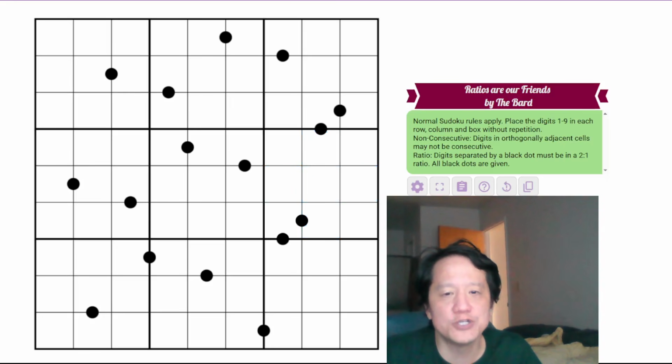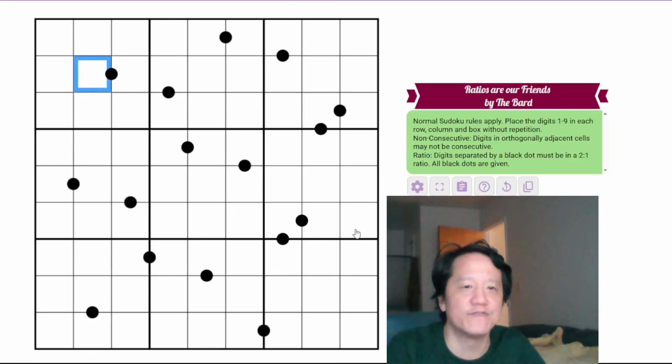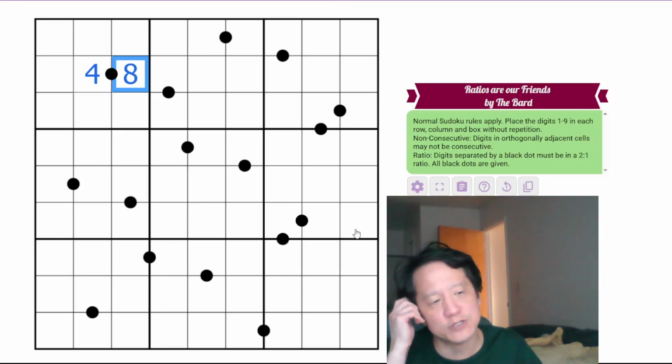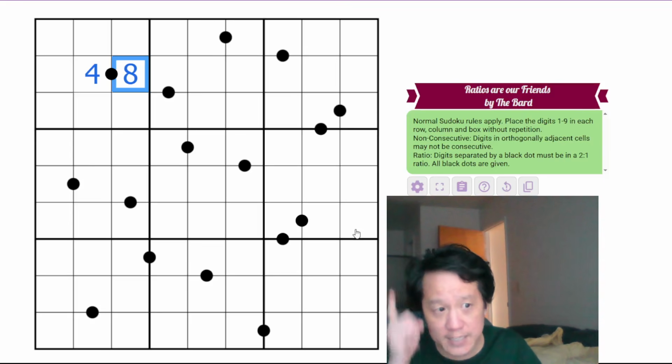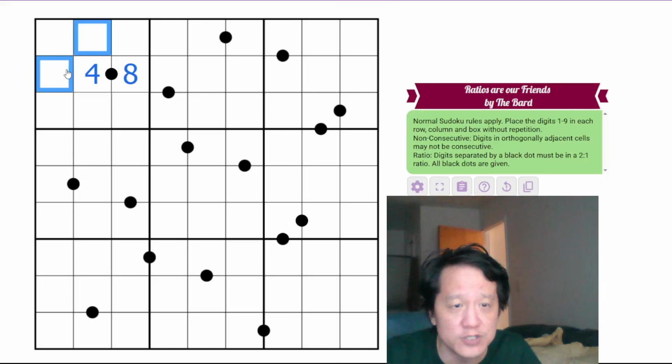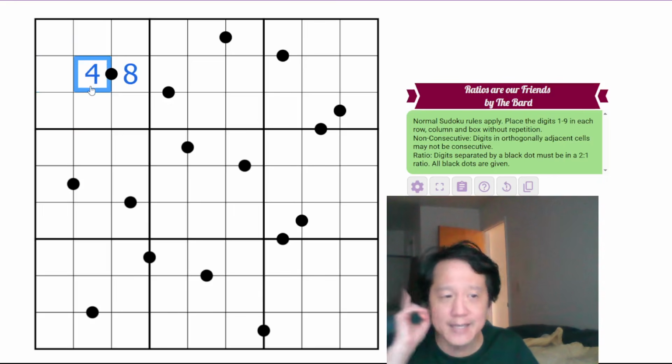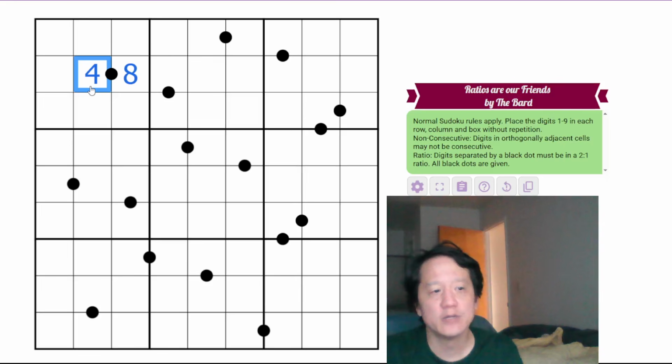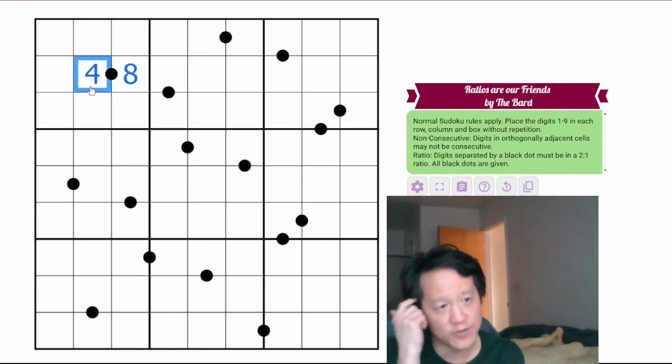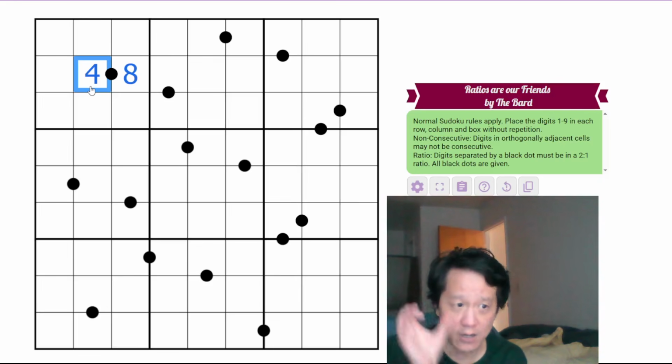We also have ratios, where digits separated by a black dot must be in a 2-to-1 ratio, and all black dots are given. So if this were a 4, this would have to be a 2 or an 8 to maintain the 1-to-2 ratio between them. In addition, the other cells that share an edge with the 4 cannot be 2 or 8, because all black dots are given.